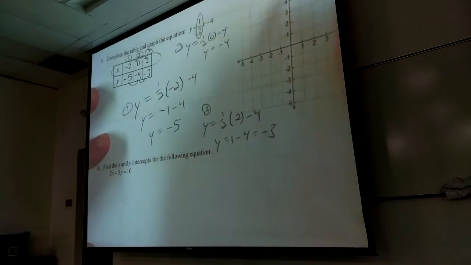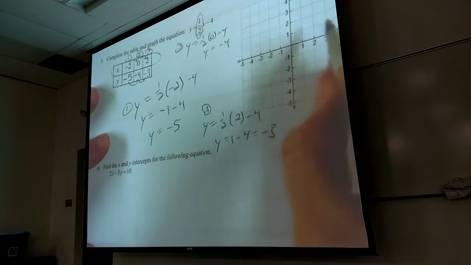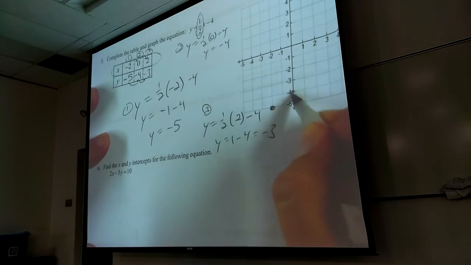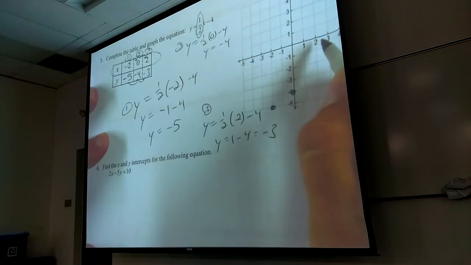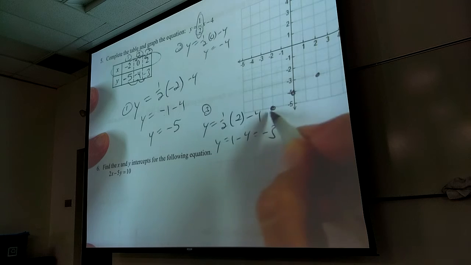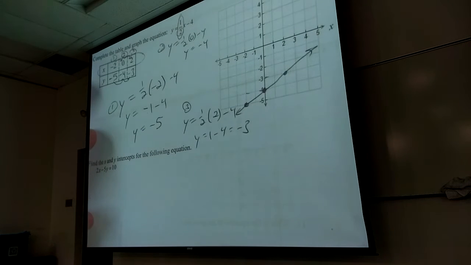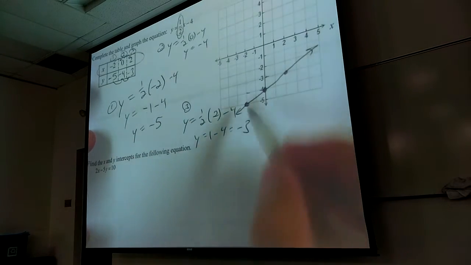And of course, it's going to show up on the graph. Let's see what we got. -2, -5, 0, -4, 2, -3. So up 1 over 2, up 1 over 2. You can see that slope shows up two different ways, computationally and then visually.